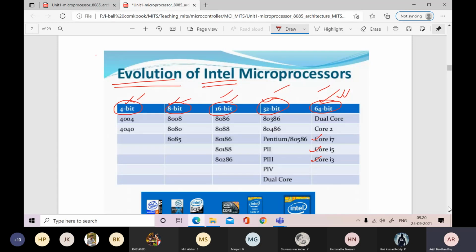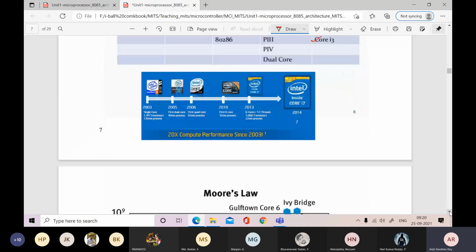See that in 2003 single core, in this single core microprocessor 1.7 million transistors were used and a 130 nanometer process.